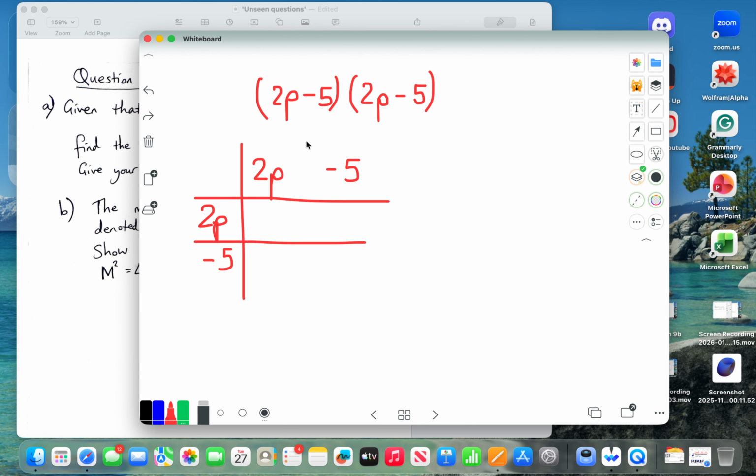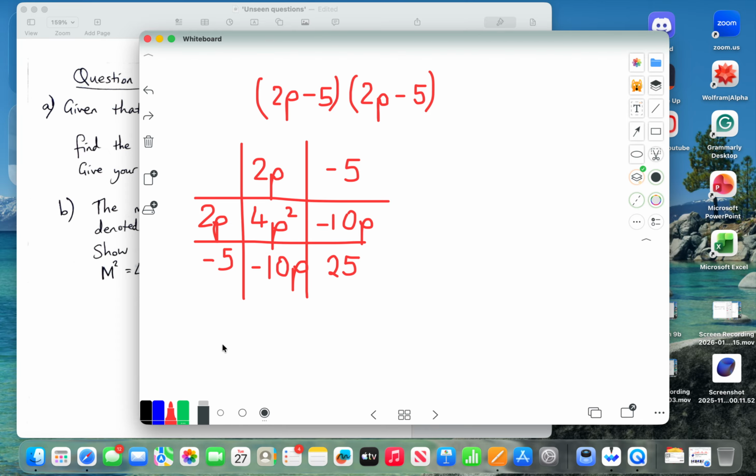Two p multiplied by 2p is 4p squared. 2p times minus 5 is minus 10p. Then minus 10p again. Minus 5 multiplied by minus 5 gives us 25.